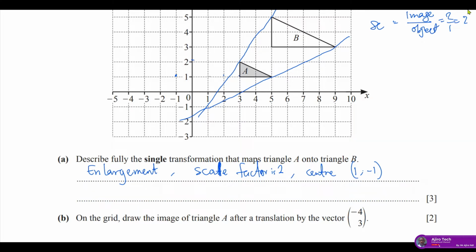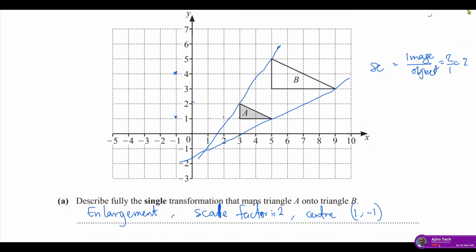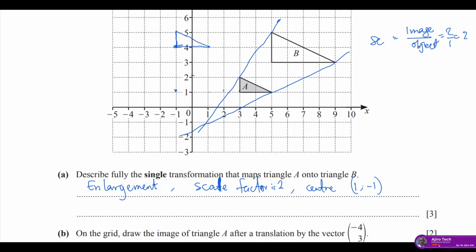Then 3 for y goes up, 1, 2, 3. To draw our new object, just copy this image here. So we've got our image like this.